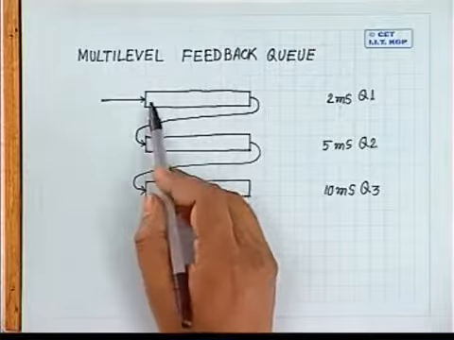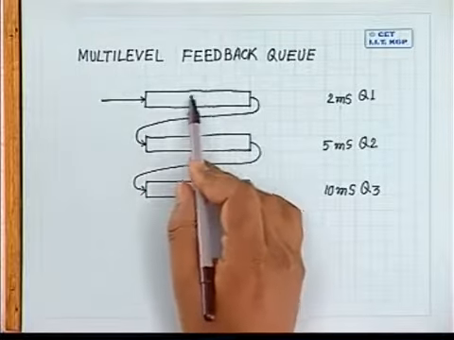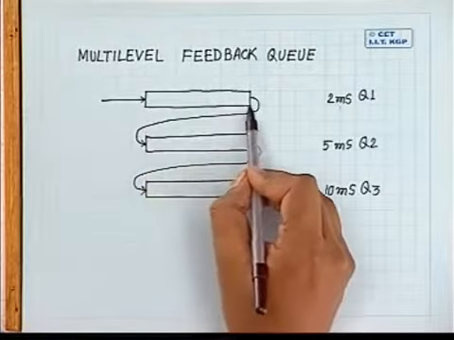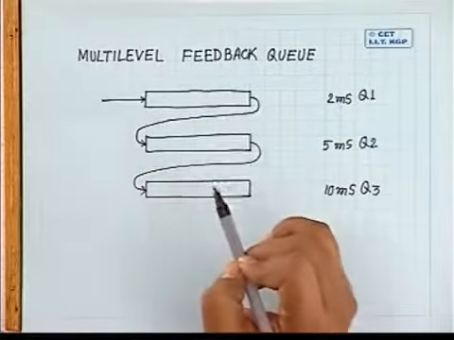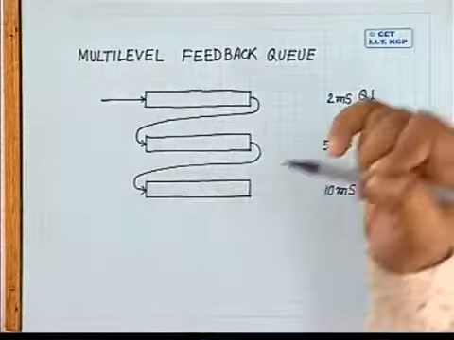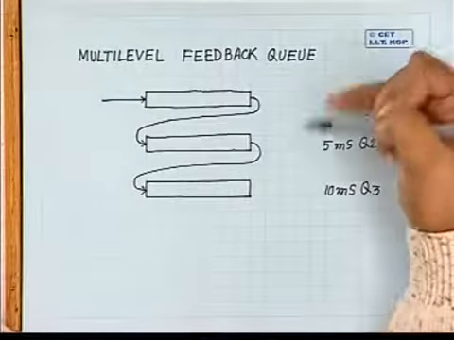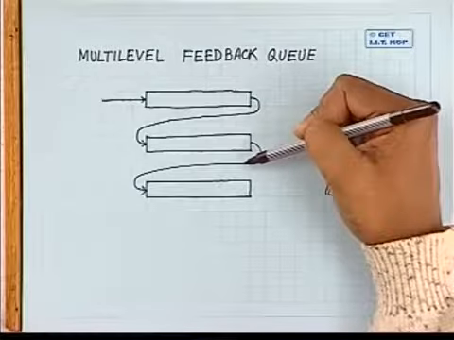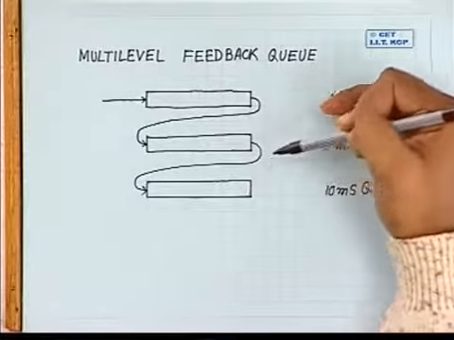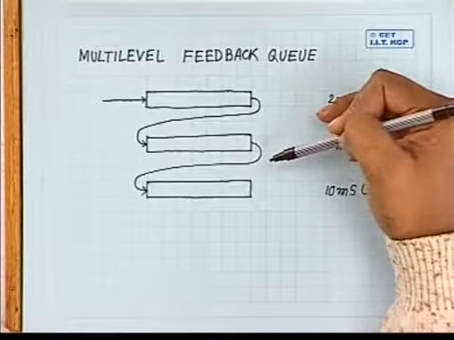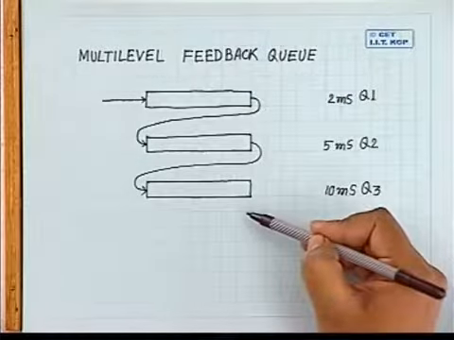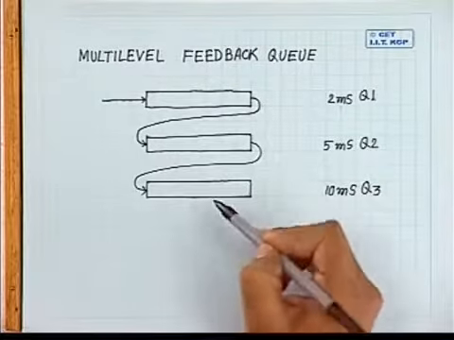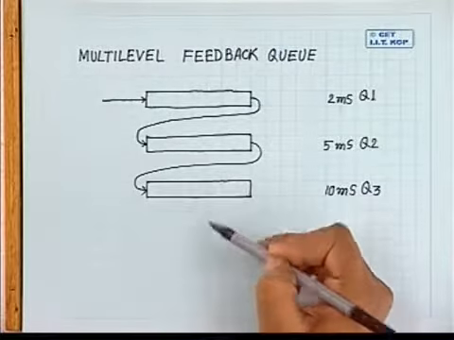That means if the job during some duration of time remains IO bound, it will remain in queue number 1. Whenever it changes its nature from IO bound to CPU bound, I push it downwards. That means I start giving it lower preference. Similarly, at the bottom queue, as long as the job is CPU bound, it will remain in queue number 3 where the priority is less.